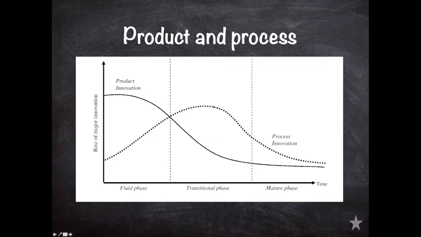But then after a while we have kind of found a good process for producing this product, and then the rate of major innovation goes down, and as we reach the mature phase, both these lines are kind of reaching some kind of steady state. Not a lot of major innovations are made here in the mature phase.